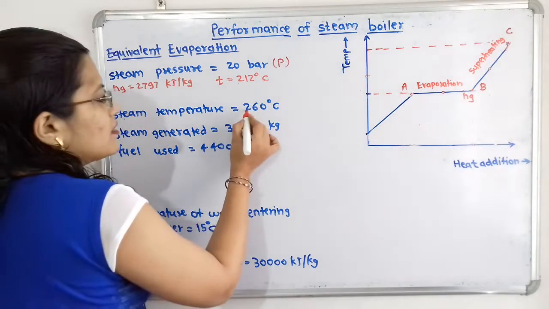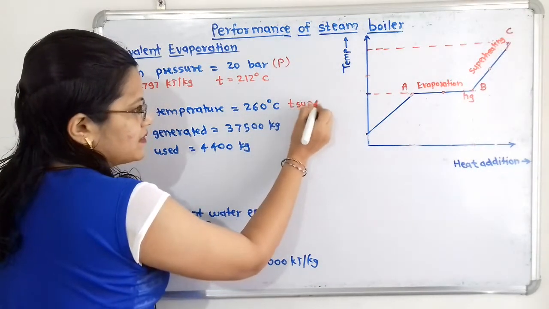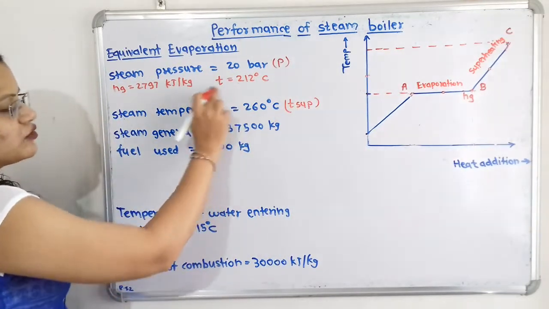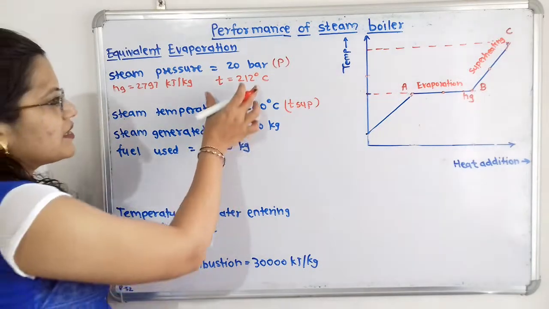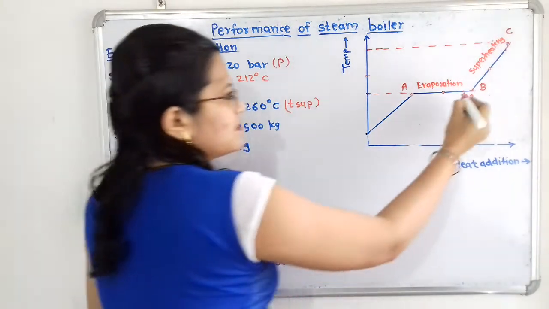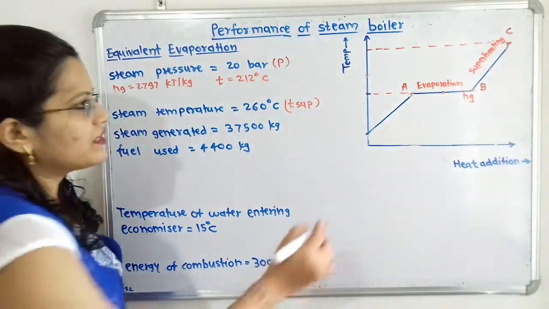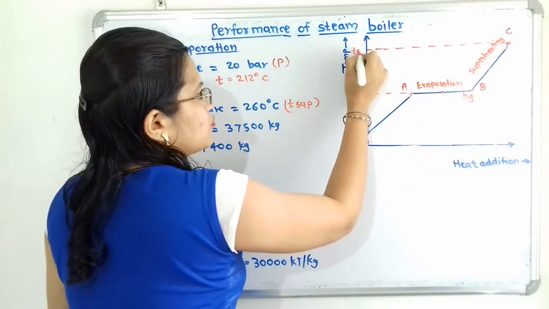So this 260 degrees Celsius, we will say that this is the superheated steam, because this temperature is more than the saturated temperature at the given pressure. So here this steam is the superheated steam, so we will say that the steam will be at point C. So the temperature of 260 degrees Celsius, that means here is T superheated.